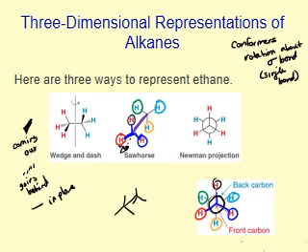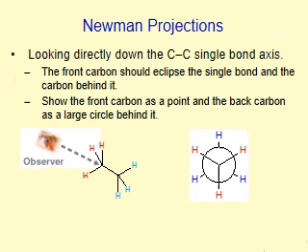Hopefully that helps you understand what these Newman projections are showing. This slide again helps you see that you're looking down a carbon-carbon single bond axis, and that you're looking at what the front and the back carbons look like.